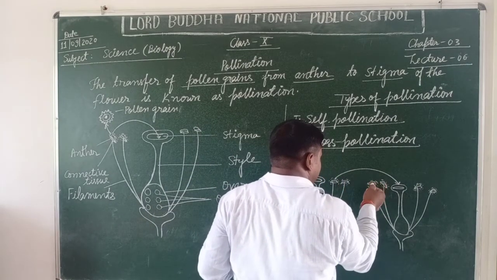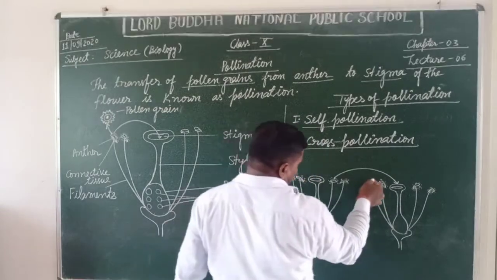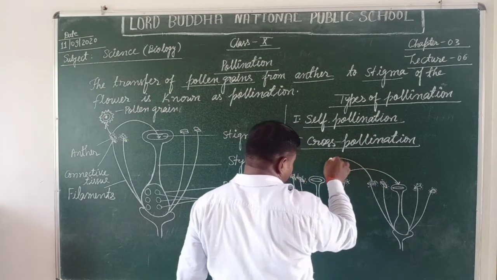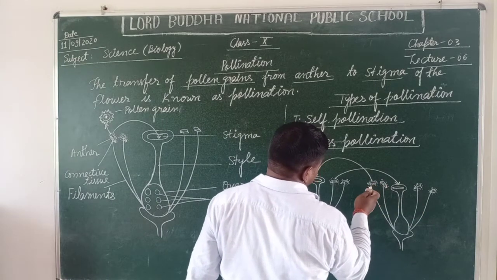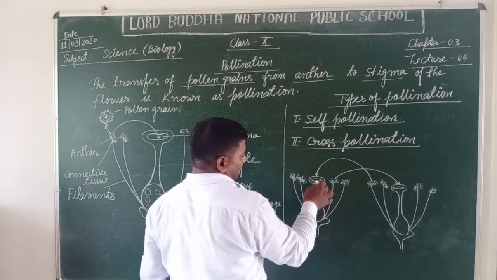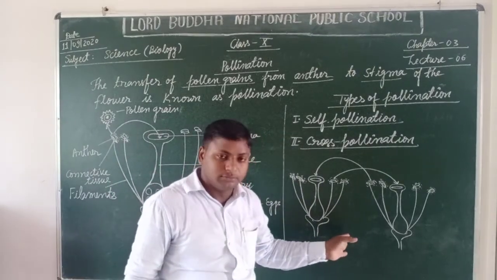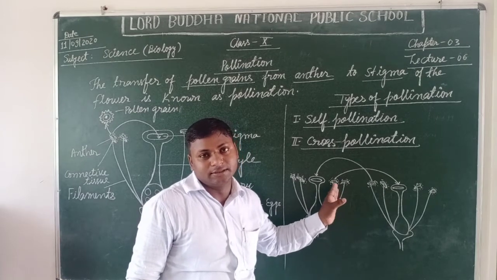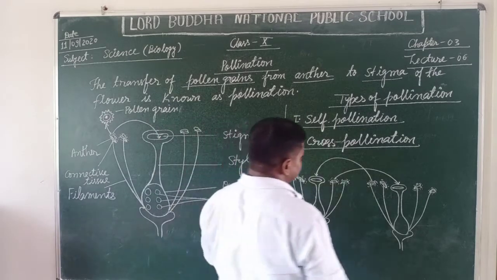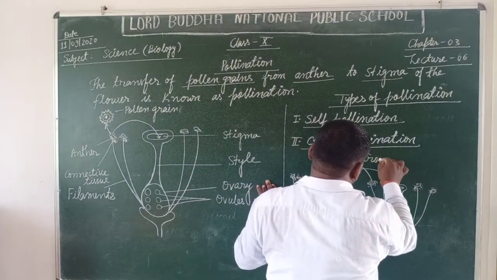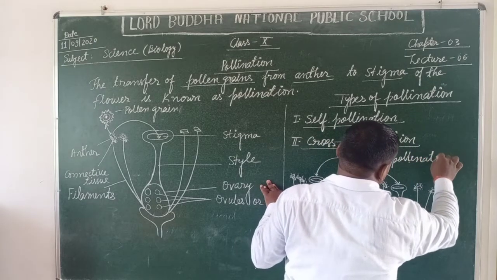It is also seen that pollen grains from the anthers of neighboring flowers are transferred to the stigma of another flower. Such transfer of pollen grains to a neighboring flower's stigma is called cross-pollination.